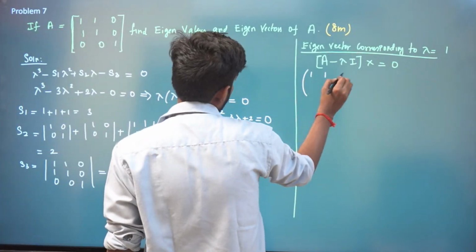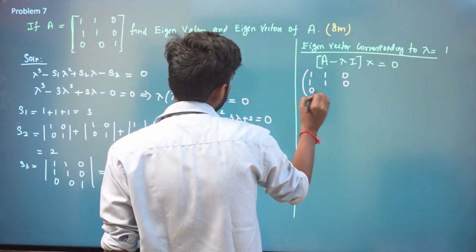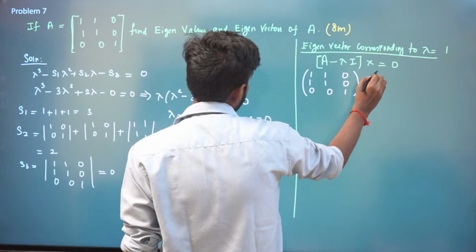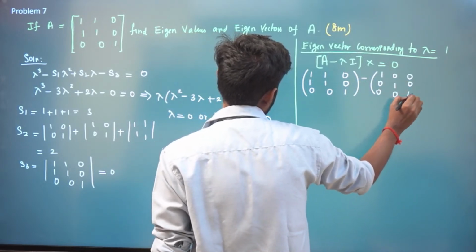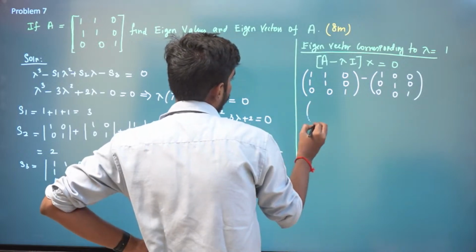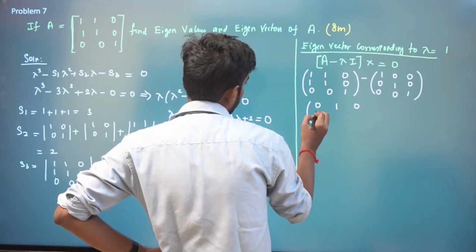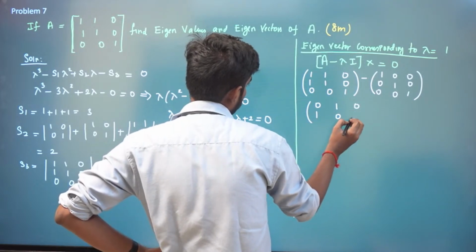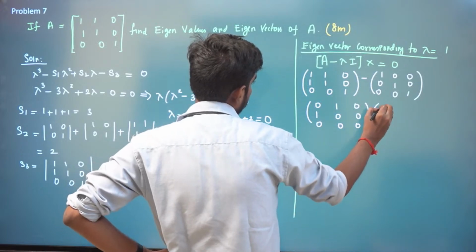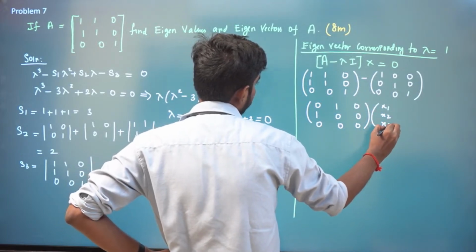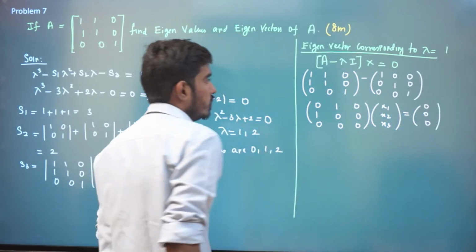So we have [[1,1,0],[1,1,0],[0,0,1]] minus lambda times the identity matrix [[1,0,0],[0,1,0],[0,0,1]]. With lambda equal to 1, this gives [[0,1,0],[1,0,0],[0,0,0]] times x1, x2, x3 is equal to 0, 0, 0, right?